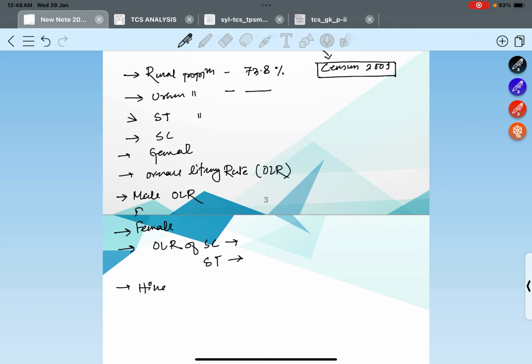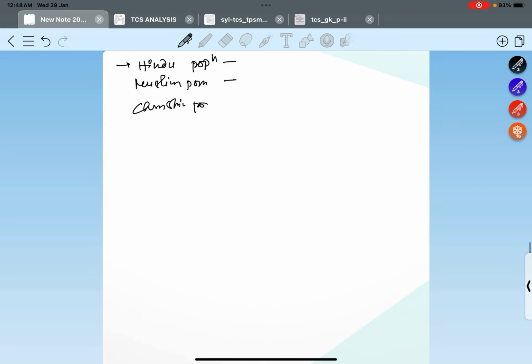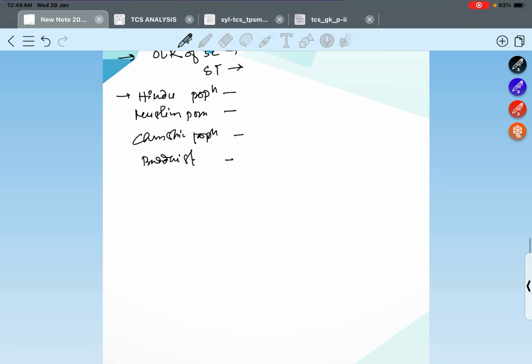Hindu population, Muslim population, Christian population, Buddhist population. They will ask questions like, arrange this population in ascending order.